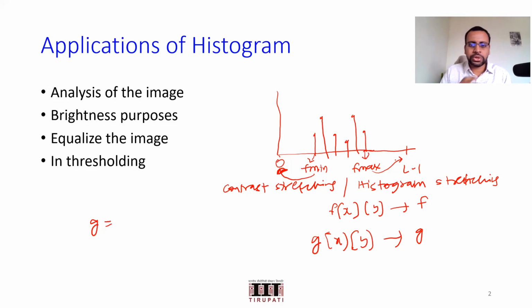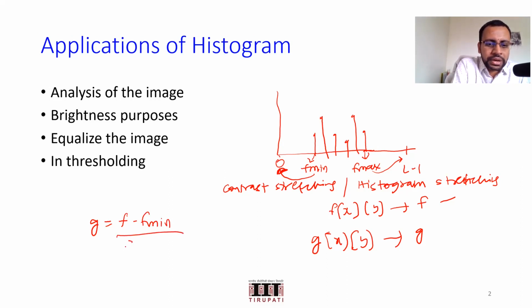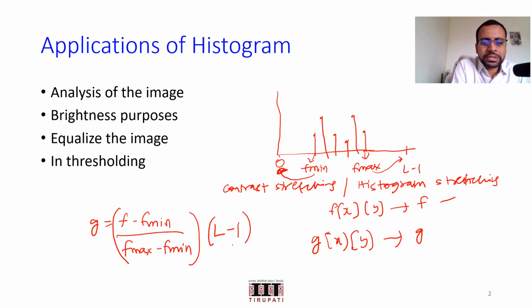So can any of you tell me how can I achieve this? That linear equation, can you tell me? F minus F min by F max minus F min, into L minus 1. Right, good. F max minus F min, this whole thing multiplied with L minus 1. Let us pay attention to what this one is doing.